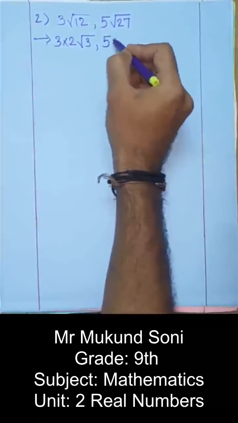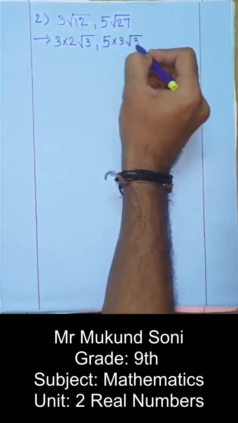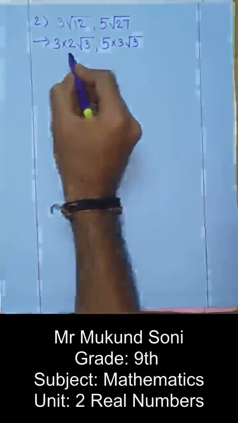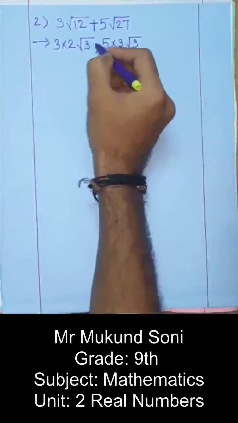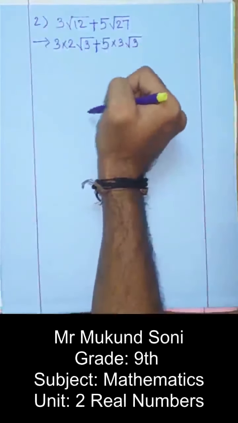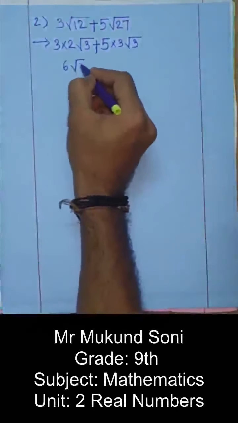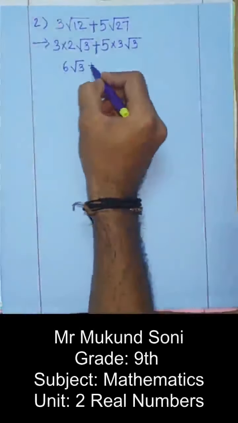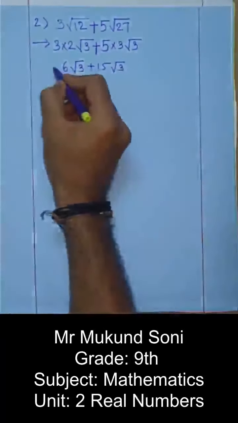In the same way, 5 times 3 times root 3. Now, as the operation, we will be having addition again. So 3 twos are 6 root 3 plus 5 threes are 15 root 3.